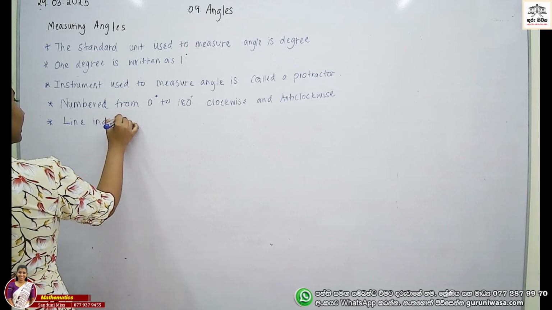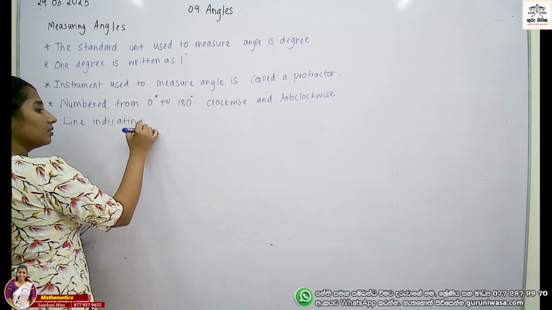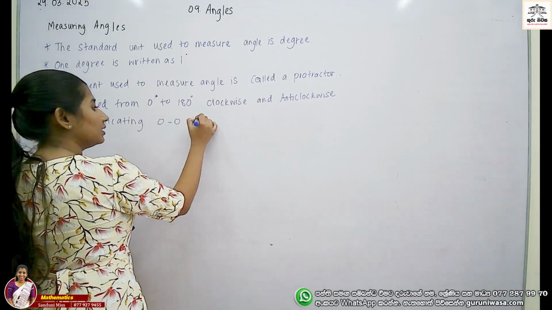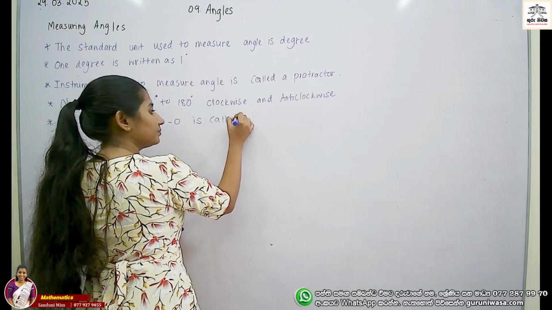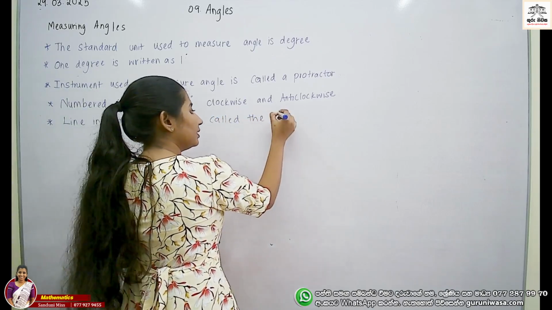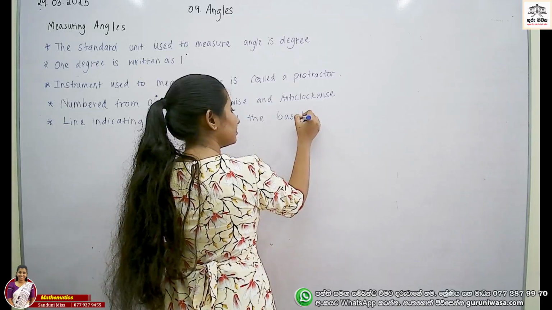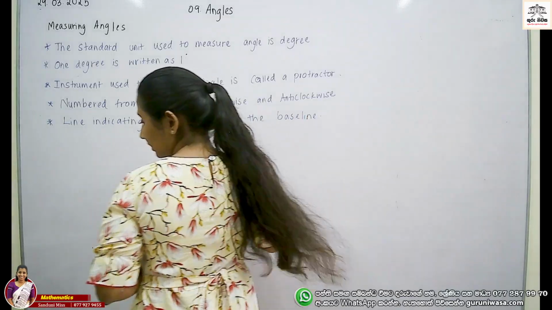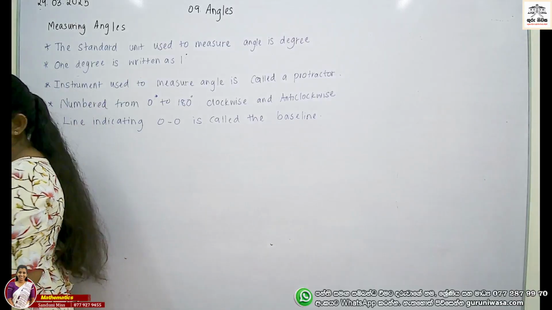The line that indicates 0 is called the baseline.